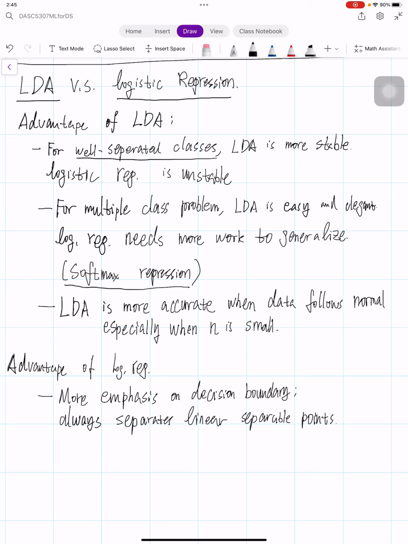Correctly classified points far from the decision boundary have a small effect on the logistic regression, but a bigger effect than they have on support vector machines, where the misclassified points far from the decision boundary have the biggest effect.